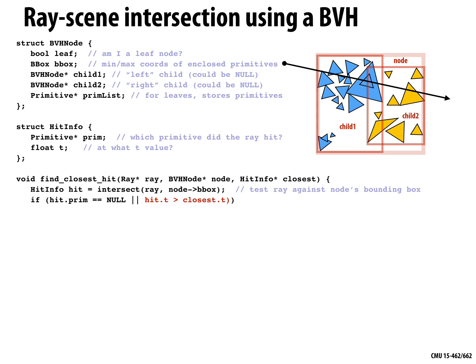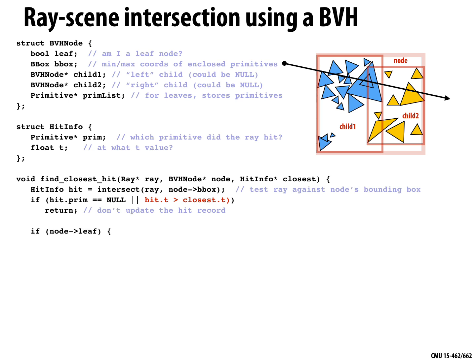If the primitive is null, meaning we didn't hit a primitive or a box, or the distance t at which we hit is greater than the closest distance we've seen so far, then we can stop. Or at least this particular query didn't find a closer point to the origin of the ray. Okay? So we just return, we don't update the hit record.